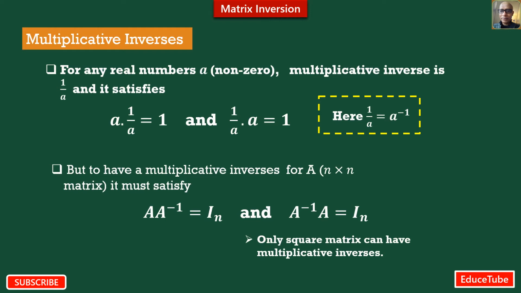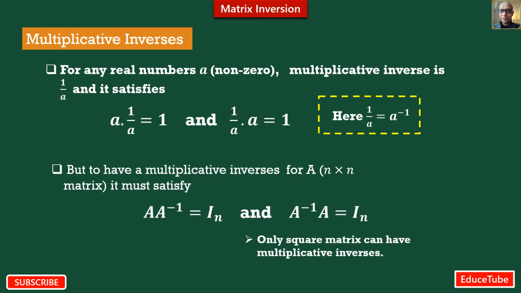I cannot divide, because in matrices we know that division is not possible. But 1 by A, if A is a number, is possible. So A into 1 by A, easily we can write 1. Again, if we reverse it, 1 by A into A equal to 1, because 1 by A equals A inverse.